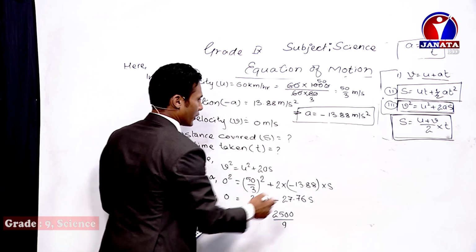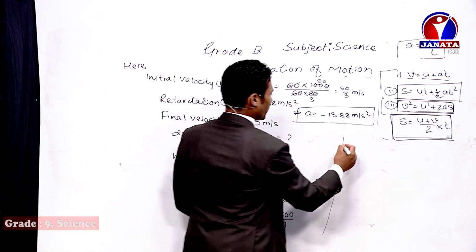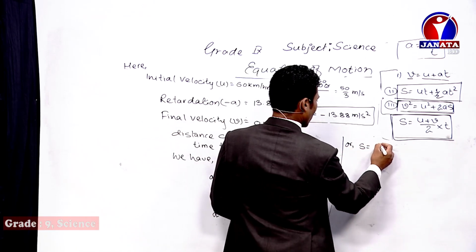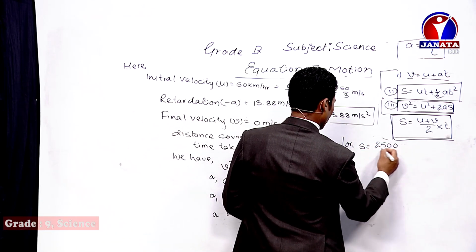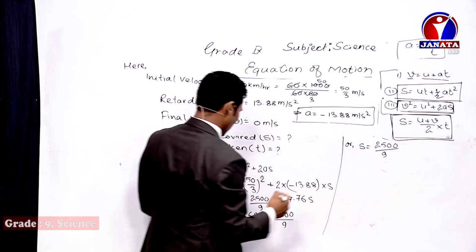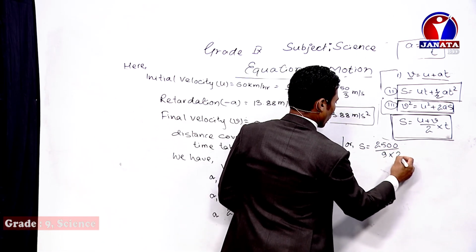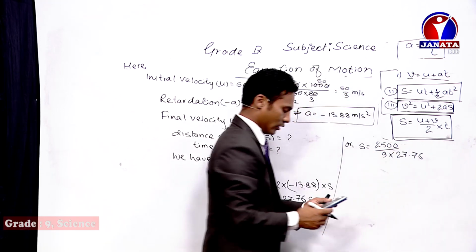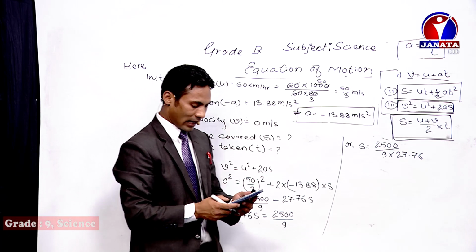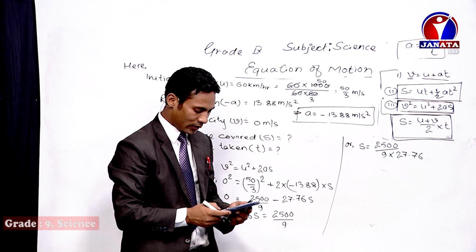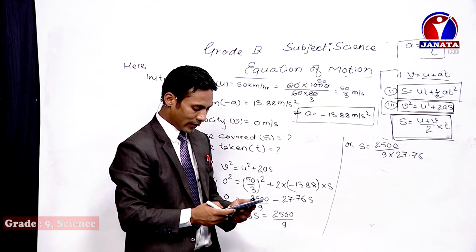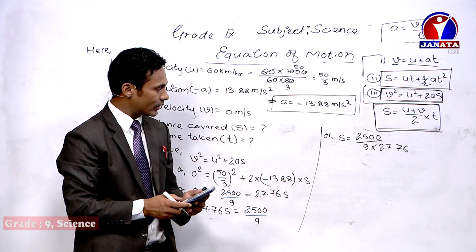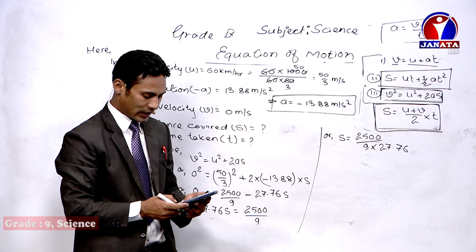So for the simplification, s equals to 2500 divided by 9, again divided by 27.76.